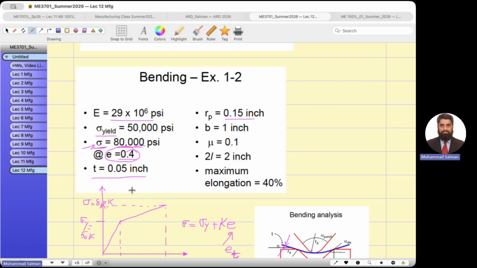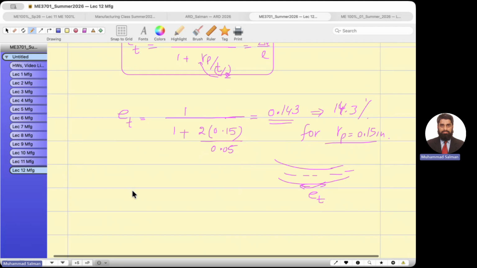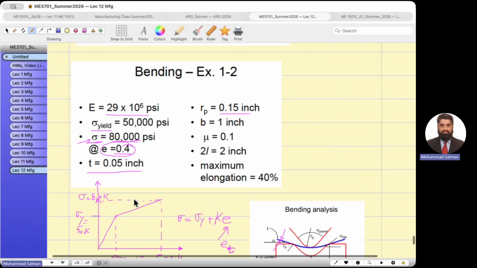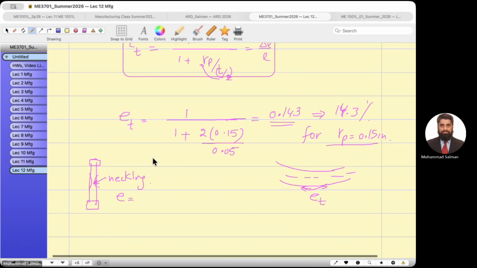Why? Because the necking will start. You know what necking is? The process in which the material starts fracturing and becomes thinner in the cross section. The necking will happen at the maximum elongation of 0.4.